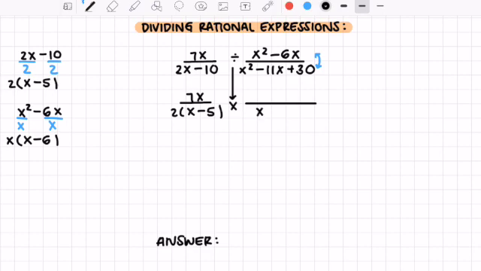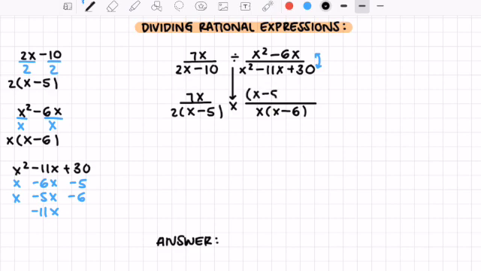So x times x minus 6 is on the bottom, and the factors of x squared minus 11x plus 30, that would be x times x, and this could be, I think, negative 5 and negative 6. If I cross multiply that, that gives me negative 6x, negative 5x, and that leaves me with negative 11x. So I get the factors x minus 5 and x minus 6.